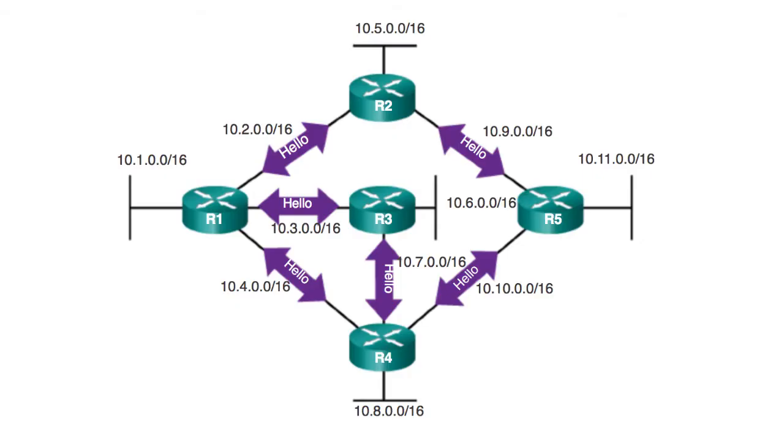As we previously mentioned, OSPF hello packets are transmitted to a multicast address every 10 seconds by default on multi-access and point-to-point networks and 30 seconds by default on non-broadcast multi-access networks. The dead interval is the period that the router waits to receive a hello packet before declaring the neighbor down.